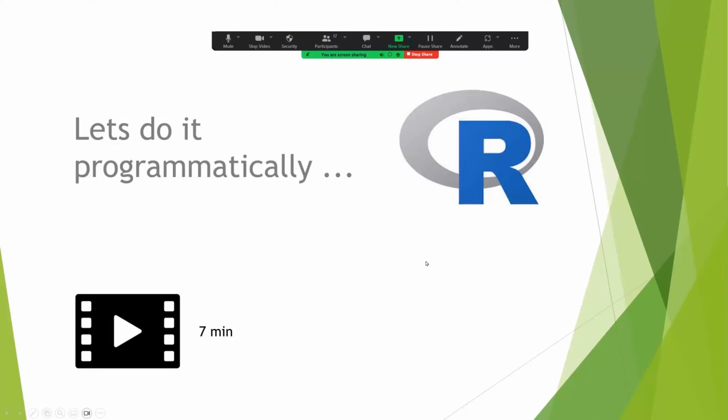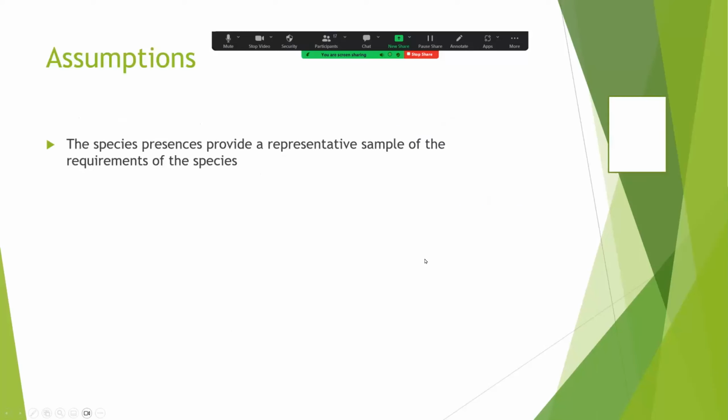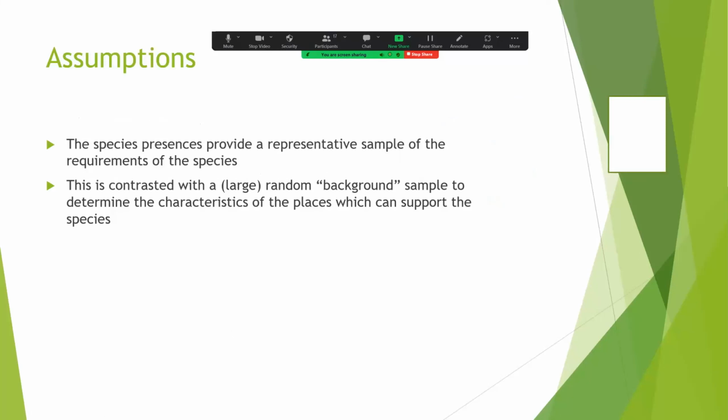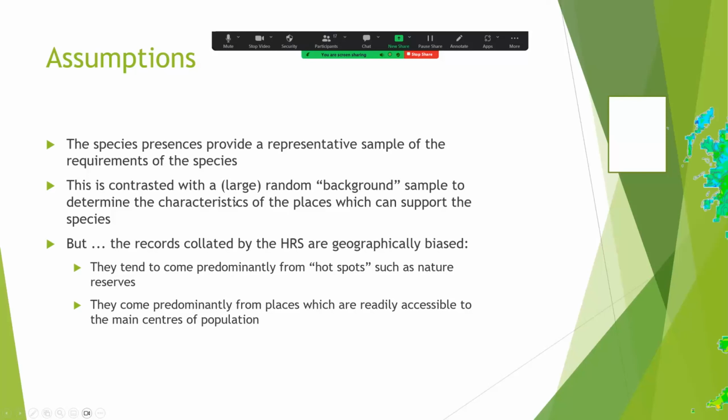Oh well, doesn't matter. But I'd point out that we made a couple of assumptions really. We're assuming when we're doing this that the presence points we provided are a representative sample of the requirements of the species. And we're contrasting that with a random sample of background, and that contrast between the places where the species occurs and this random sample of background is trying to characterize the places which can support the species.